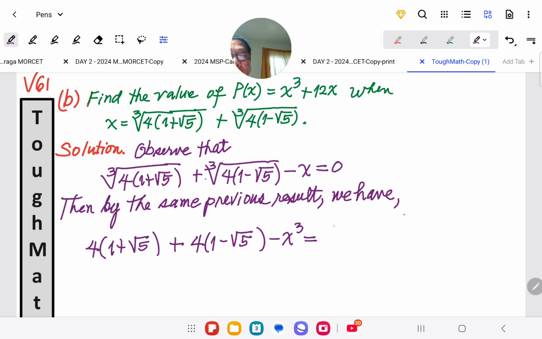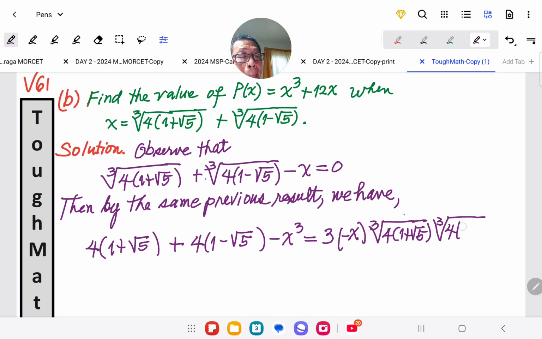And according to that result, we have 3 times negative x times the cube root of 4(1 + √5) times the cube root of 4(1 - √5).